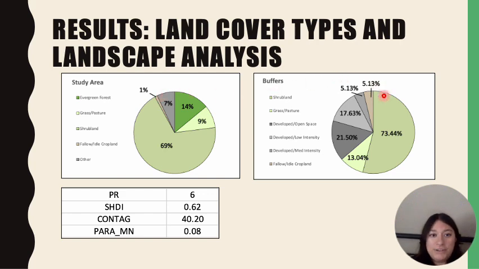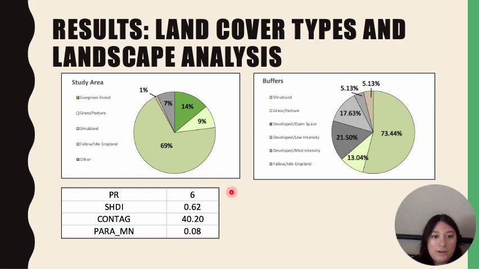Across the 5 buffers, we didn't have all those 134 land cover types present. We just had a patch richness of 6. Shrubland was the highest at 73.44%, and fallow idle cropland was the lowest at 5.13%. And all of this over here is dedicated to developed landscape.